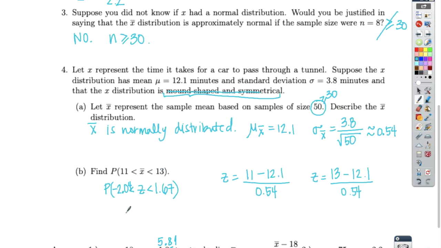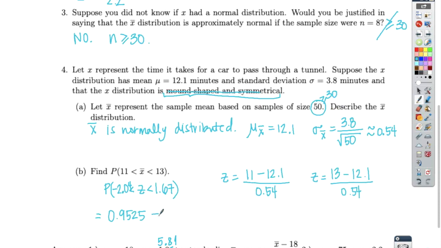Okay, so now I'm going to reference the table. So looking at my table, the area associated with z equals 1.67, I'm finding 0.9525.